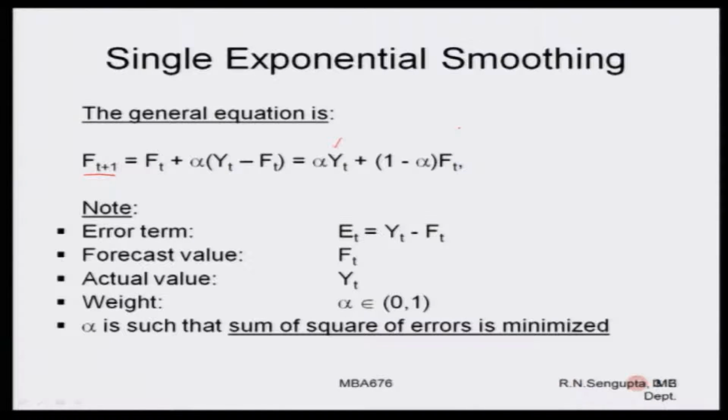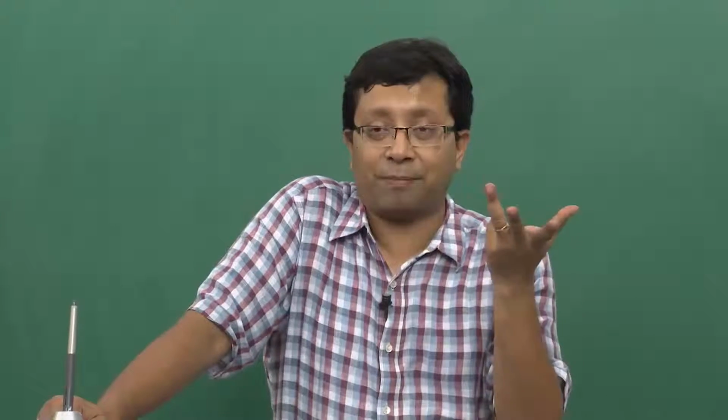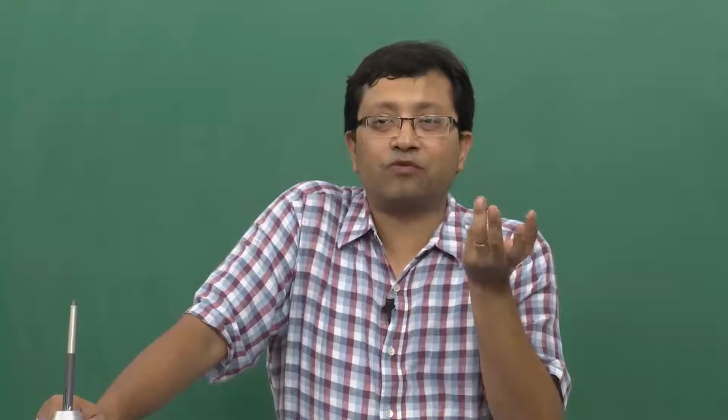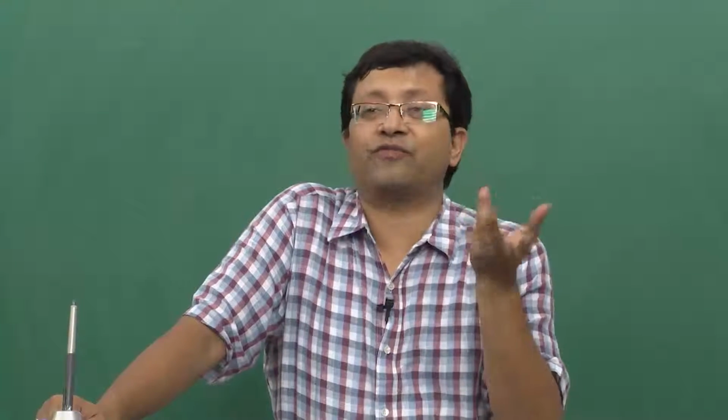So, standing today, you are giving weightages to your actual value for the past and the predicted value for the past, because the actual value tells you what is actually happening, and the overall methodology based on which you predict also comes out in the case of f t.